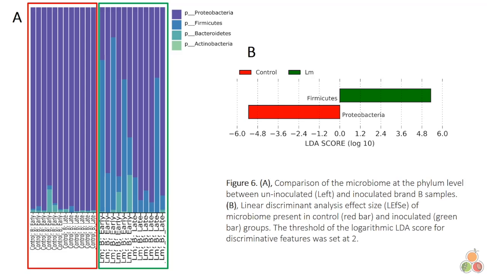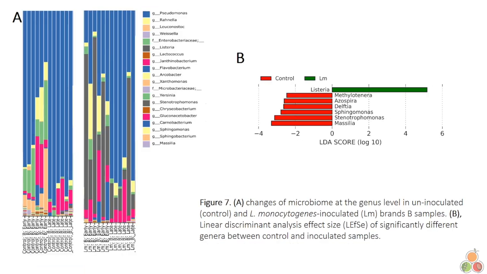So for the inoculated samples, Firmicutes significantly increased. For the non-inoculated samples, Proteobacteria is higher. So what are those significantly increased Firmicutes? When we look into those bacteria at the genus level, we can see that the one that significantly increased is this gray bar, and that is Listeria.